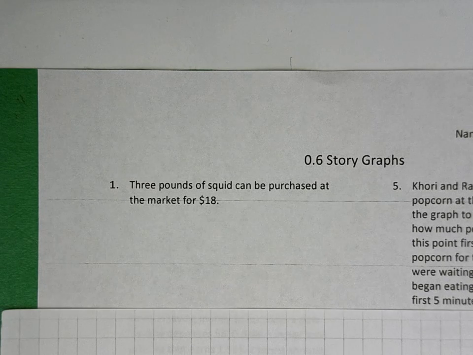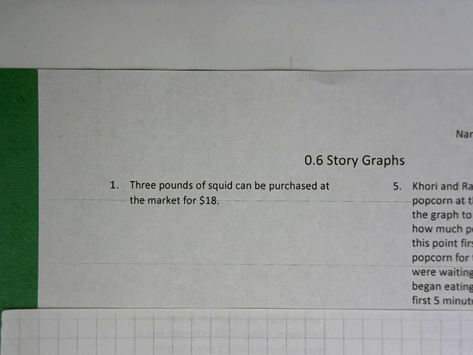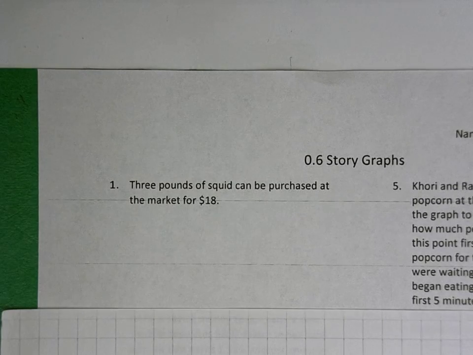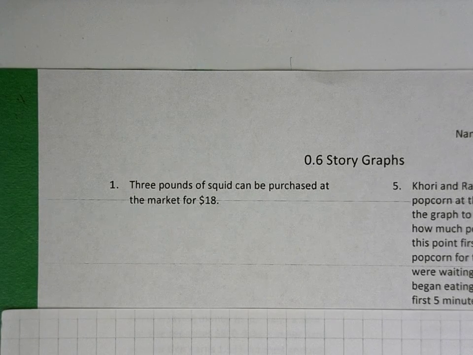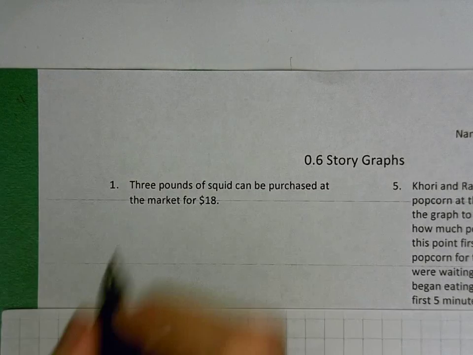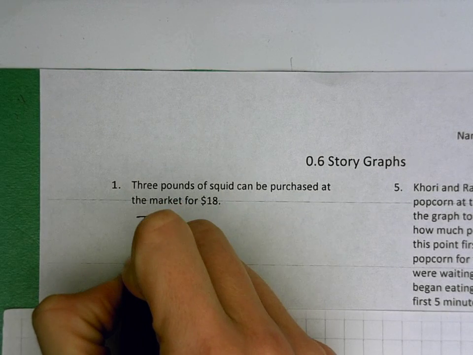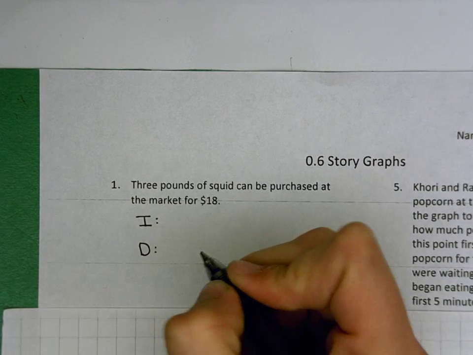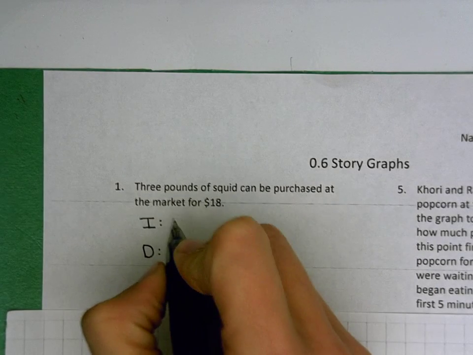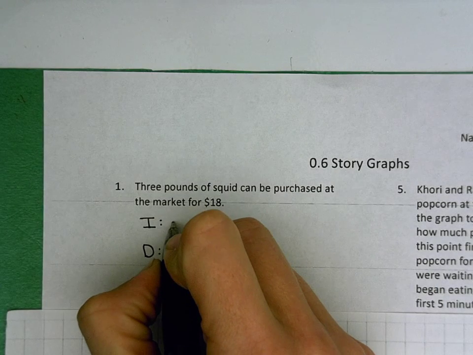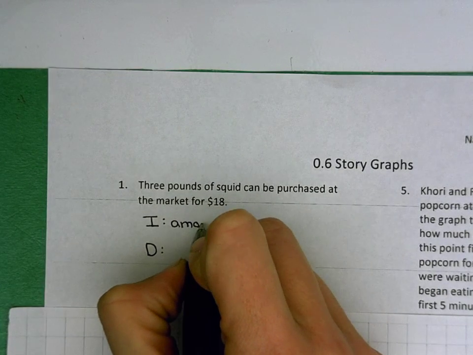And so when I'm looking at this scenario here, 3 pounds of squid purchased at the market for $18, the two quantities that I see being measured are the amount of squid and your total cost. And so then the question is, well, which one determines the other? Our independent and dependent. In this particular case, our independent would be the amount of squid purchased.